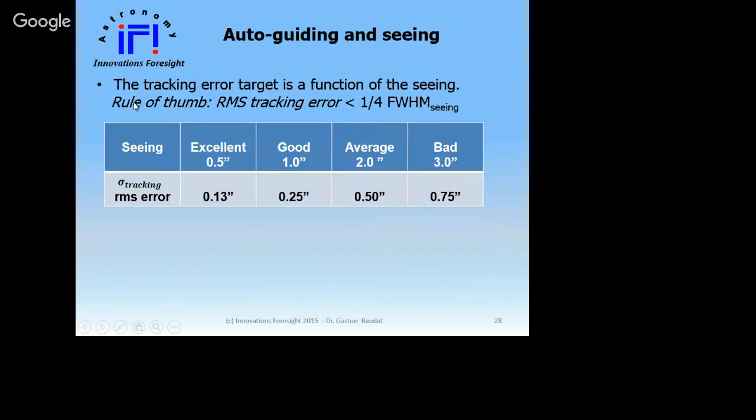The rule of thumb is you want to keep the RMS tracking error below 1/4 of the seeing. So if the seeing is excellent, then the tracking must be very good. If the seeing is good, the tracking needs to be good. If the seeing is average, the tracking may be average. And if the seeing is bad, then good news, you don't need good tracking, because you already have bad seeing.